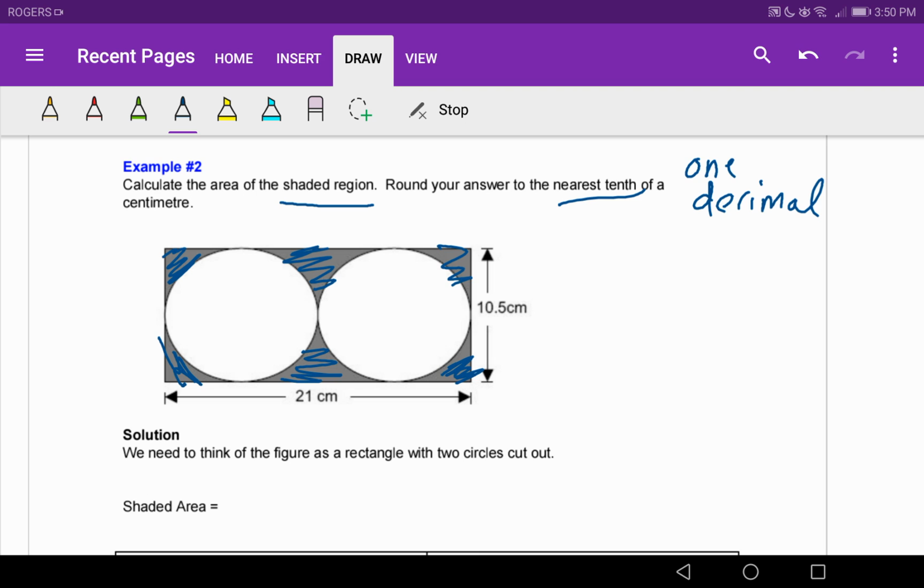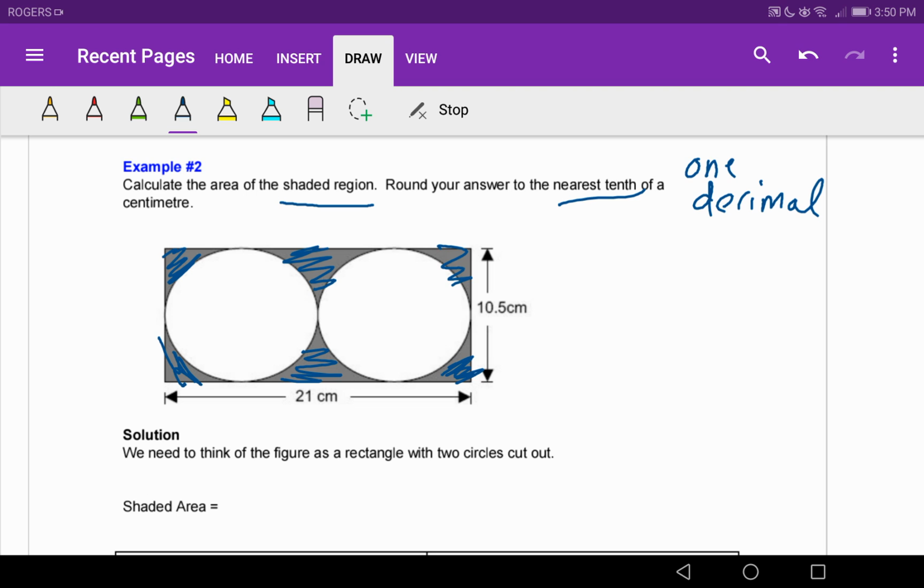Do you have any ideas how we are going to do this? Well, we appear to have 2 holes there through a rectangle. Okay, so it's like 2 holes were subtracted. They're taken away from the rectangle.